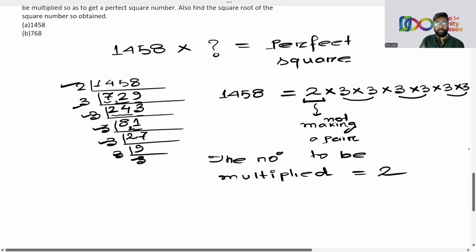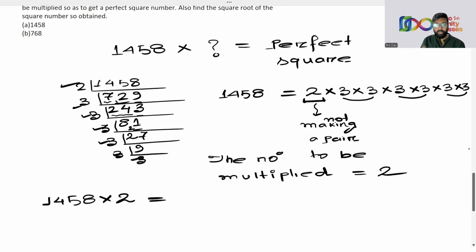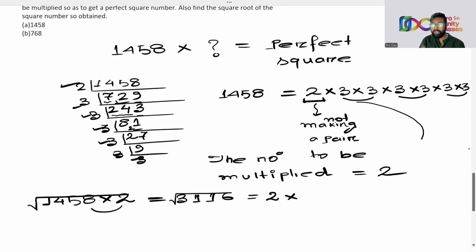Okay, fine. So if you multiply 1458 by 2, that will be 2916. And if you are finding the square root of this number, this 2 is forming a pair. So from this we'll be getting a 2, and from this pair of 3 we'll be getting a 3.